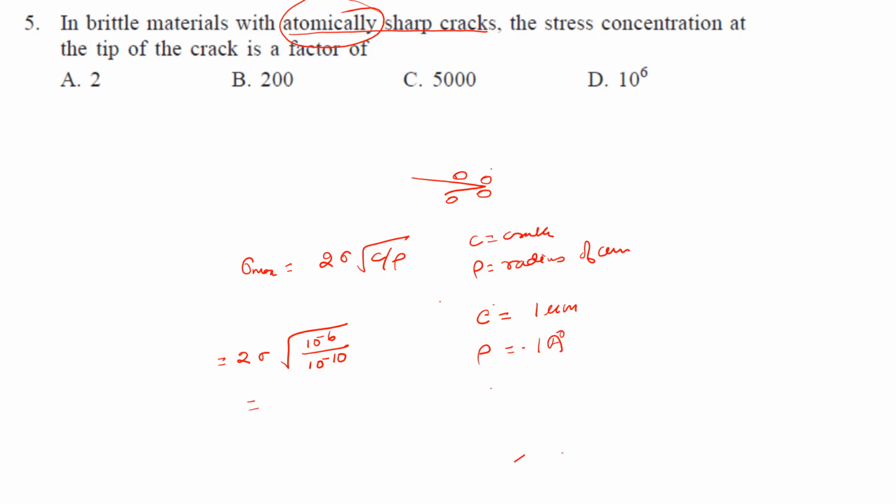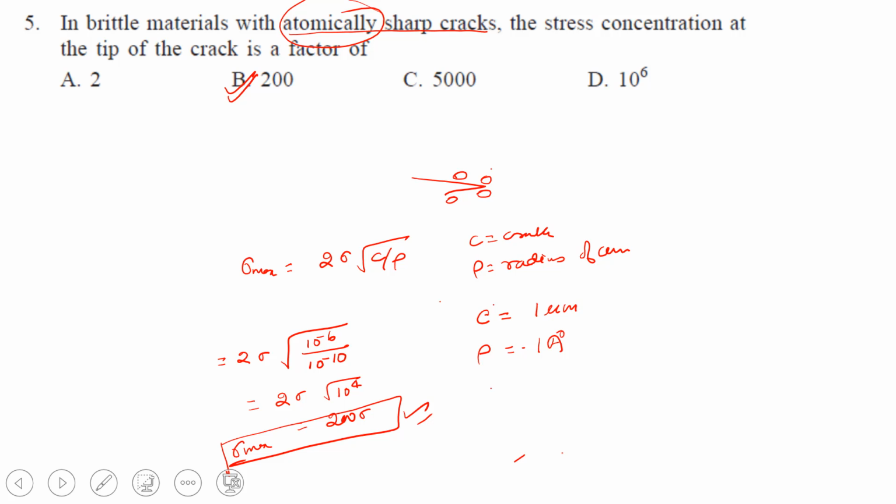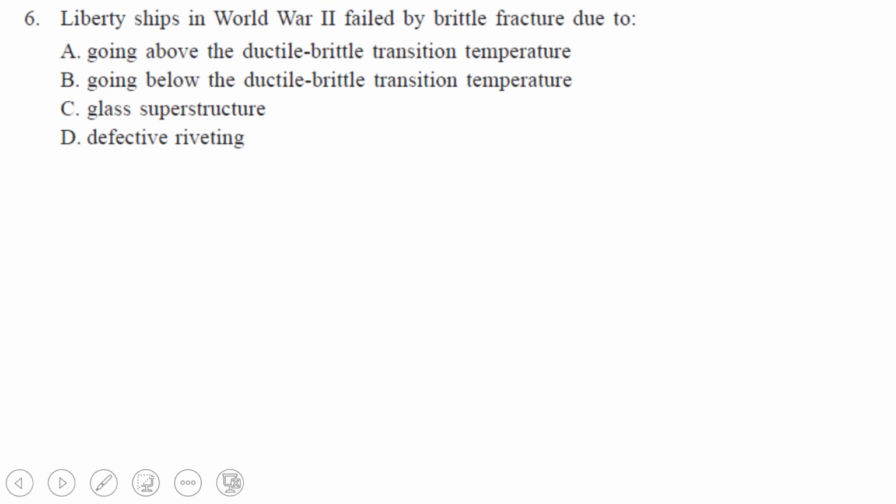Right? So it will be 2 sigma 10 power 4. It will be like 200 sigma. Okay? So clearly this sigma max is equal to 200 times sigma. So it matches with option B. Okay. Now let us proceed.